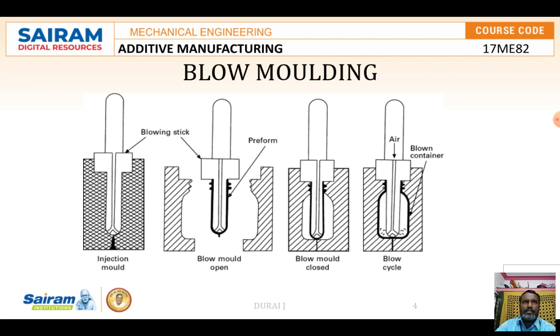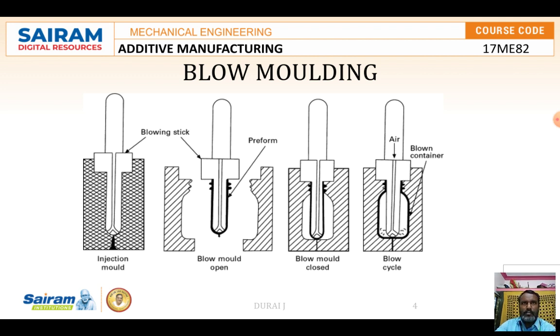The hot parison is inflated like a balloon and goes on expanding until it comes into intimate contact with the relatively cold interior surface of the hollow mold. Under pressure, the parison ultimately assumes the shape of the hollow cavity of the mold.